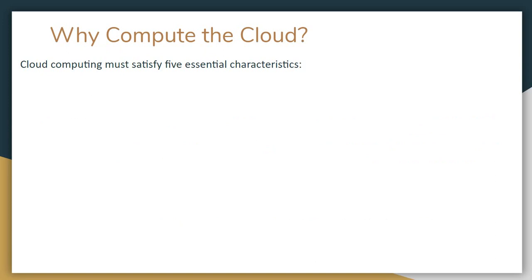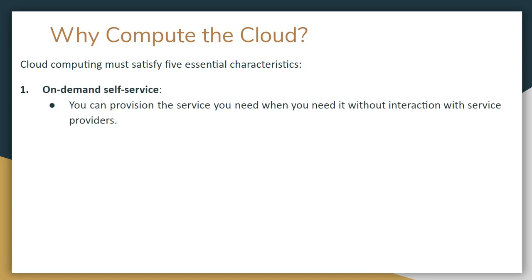So the question is, why do we need the cloud? Now, there are 5 essential characteristics that a cloud computing product should satisfy, and I'm going to be looking at those 5 features. Number 1, there must be an on-demand self-service.